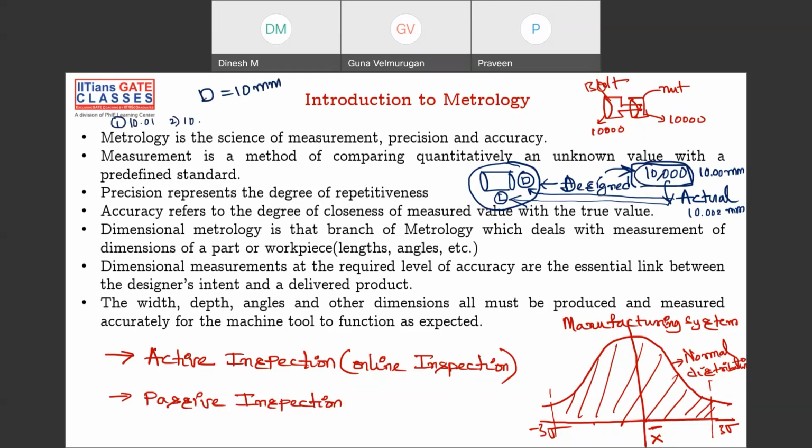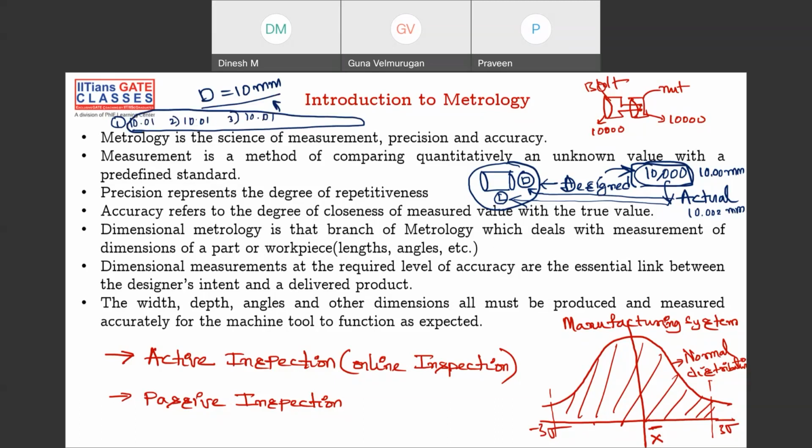Second one 10.01. Third one 10.01, like that. Even though it is not equal to the design value, the actual values have the same repetitiveness, right?